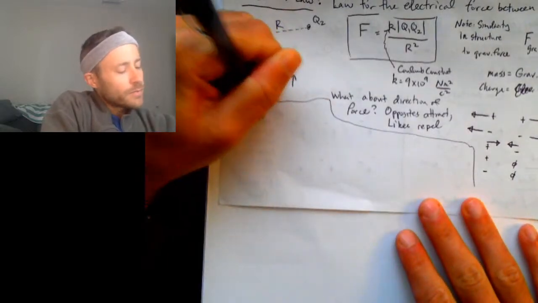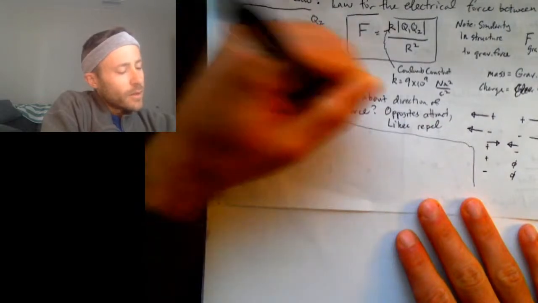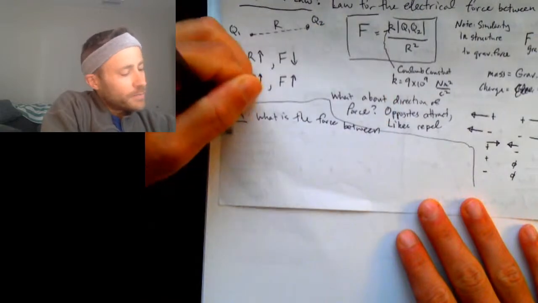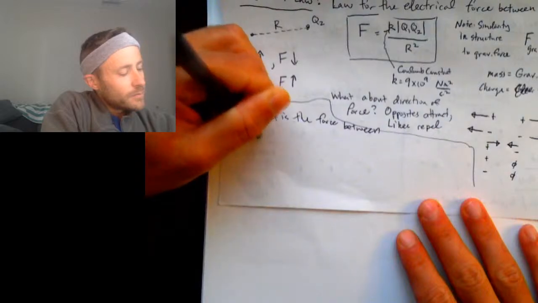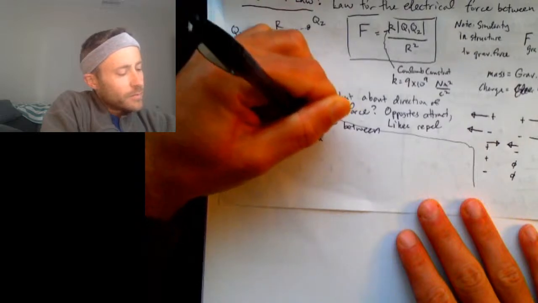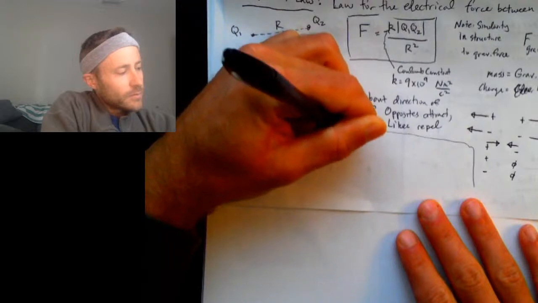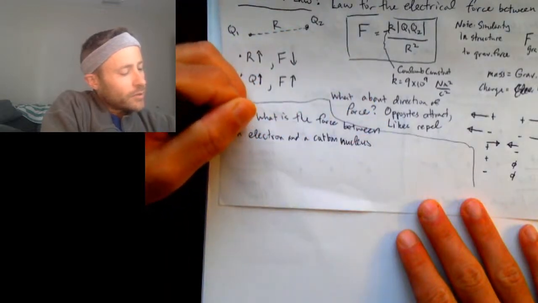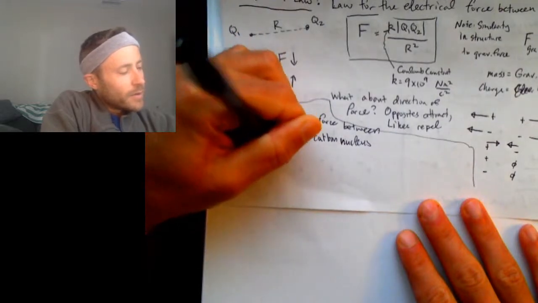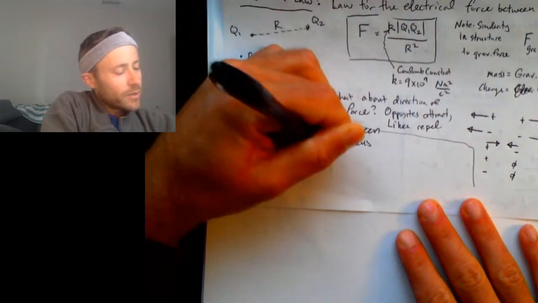What is the force between an electron and a carbon nucleus separated by 3.4 times 10 to the minus 10 meters?